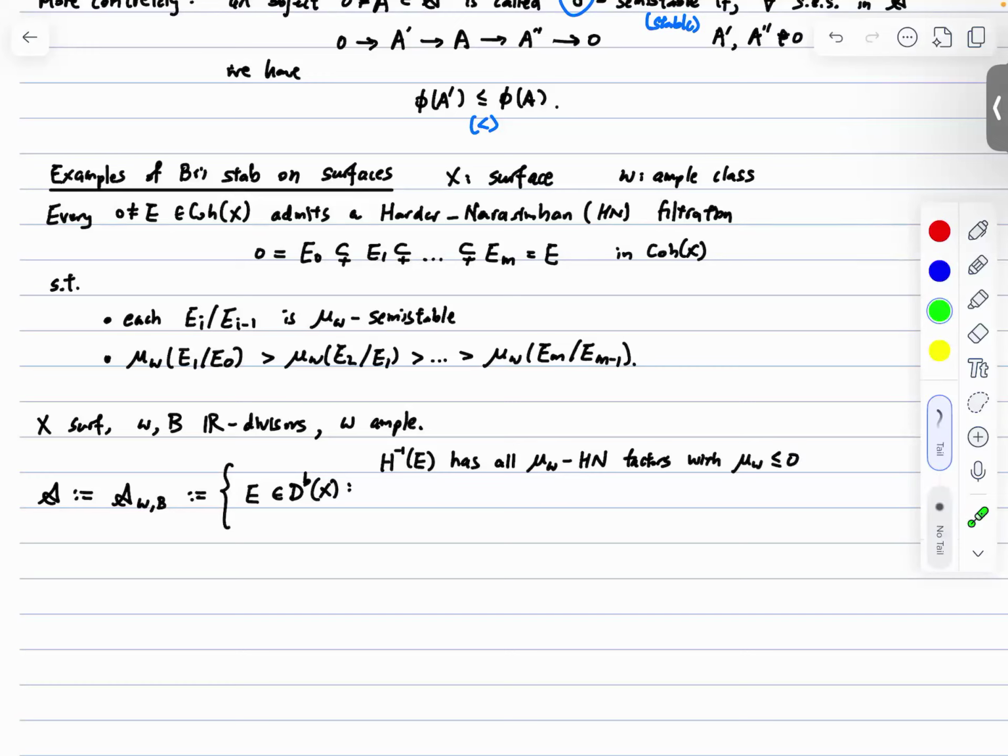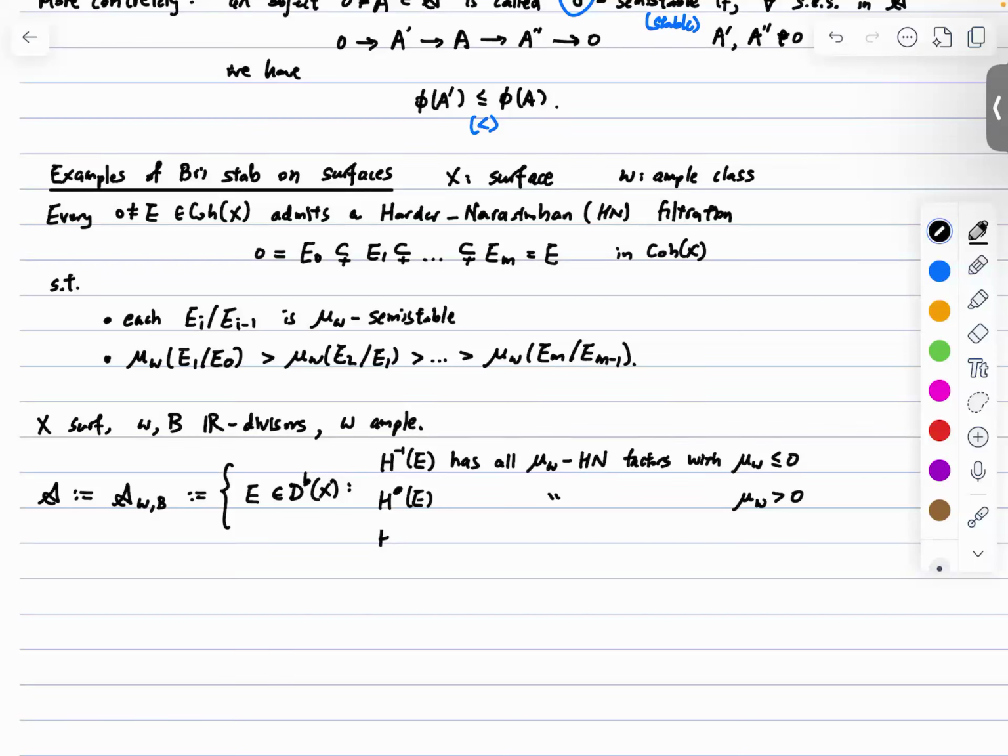So in other words, we require that the cohomology at degree -1 of this complex, when you look at its HN filtration, all the factors have to have slopes, or mu's, less than or equal to 0. And then for the degree 0 cohomology, we require that all the Harder-Narasimhan factors have slopes strictly bigger than 0.